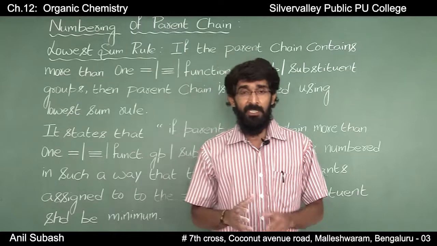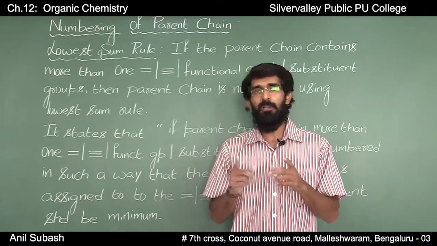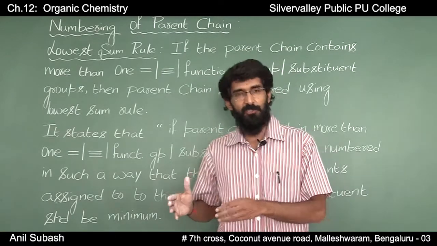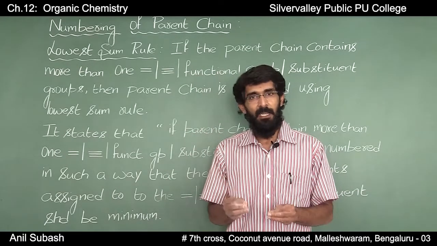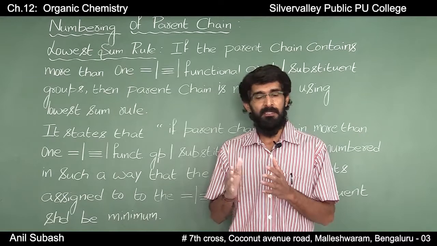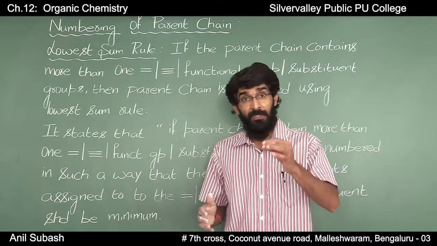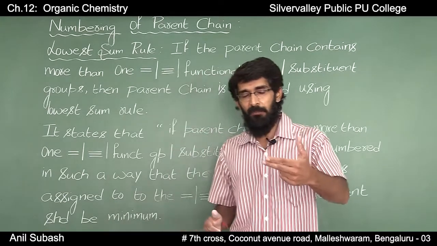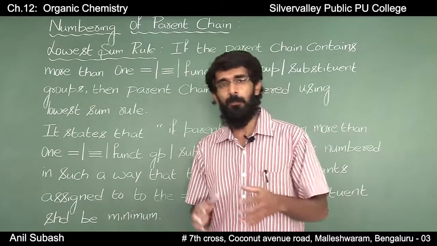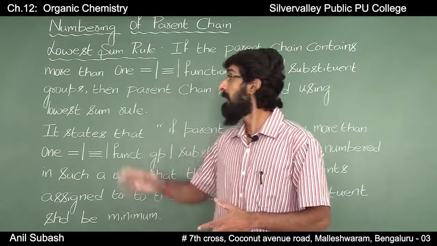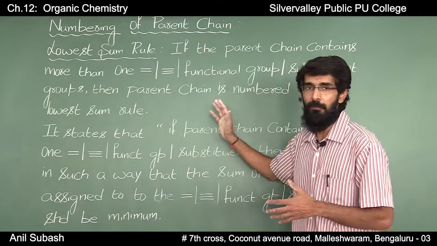If the parent chain contains only one double bond or triple bond or functional group or substituent group, then it is numbered according to the lowest number rule. If it contains more than one, then you are supposed to follow the lowest sum rule.